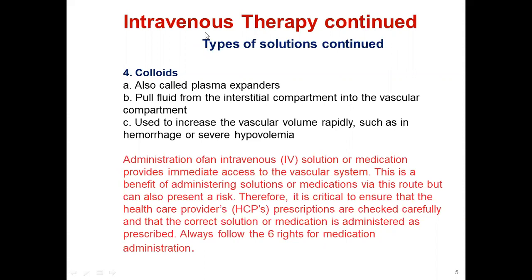What is plasma expander? For example, we know we have blood in the body. Blood basically contains corpuscles, another name for which is blood cells.